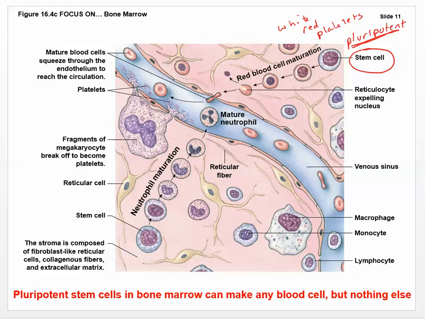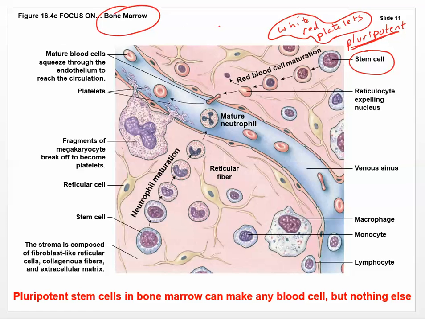They can't become cardiac muscle cells. They can't become brain cells. They're stem cells, but they've differentiated to the point where these are all they can become. So these guys sit in the bone marrow, and they wait until they get those signals that say, oh, okay, we've released erythropoietin.